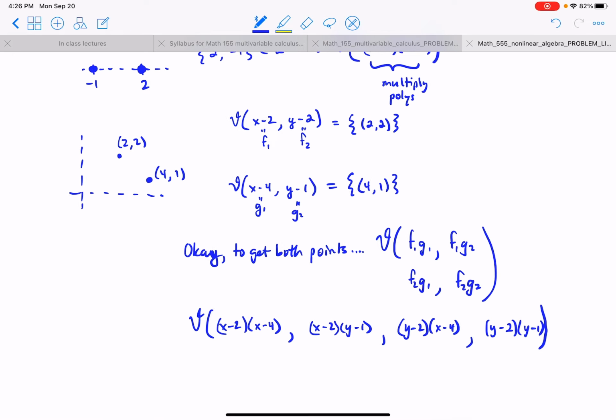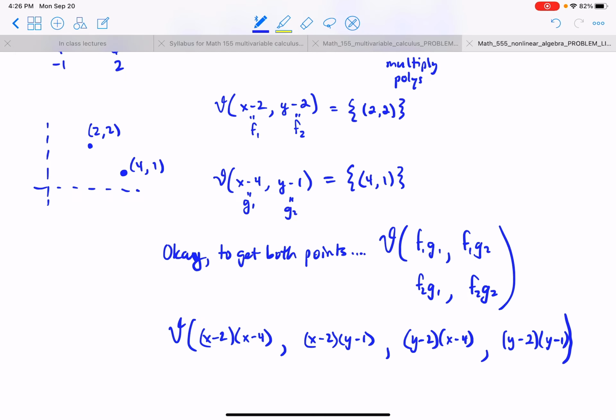And so let's check this. Does this give what we want? Well, first, does the point 4, 1 go in there? Well, we have to check, do all of these vanish at the point 4, 1? So at 4, 1, all these vanish. We get 4 zeros. Why?